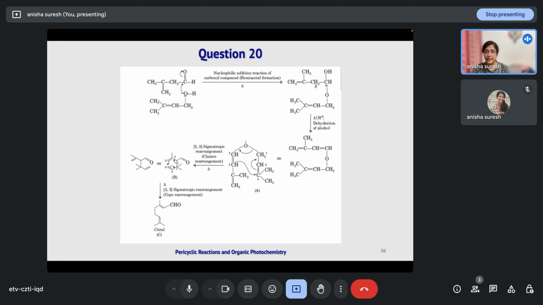As you can see here, the alcohol will be attacking the aldehyde, resulting in the formation of the hemiacetal, and that hemiacetal can undergo a dehydration reaction. So this proton will be abstracted, and it will undergo dehydration, resulting in the formation of this product. So this is A.